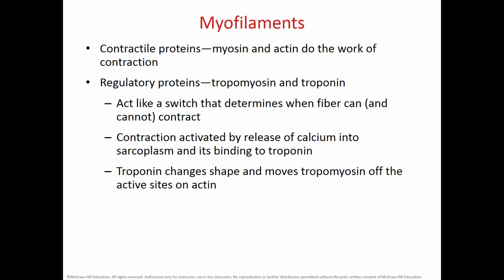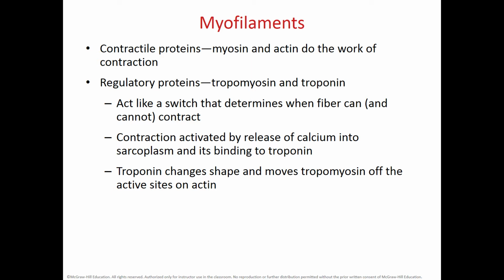Troponin moves away tropomyosin, and when tropomyosin is moving away from actin, myosin and actin can slide over each other, and then they can form a bridge, and then you will have ATP available that can bind to the head of myosin. And then since you have this ATPase in the head of myosin, you can release the head of myosin from actin so you can have relaxation.